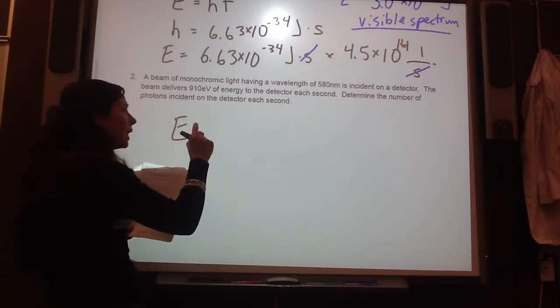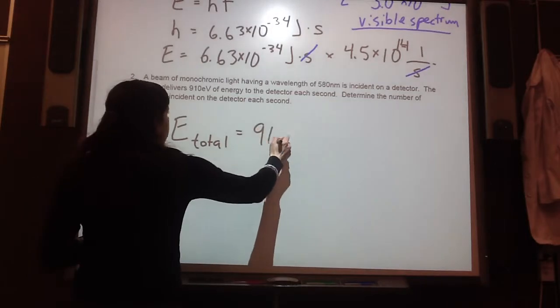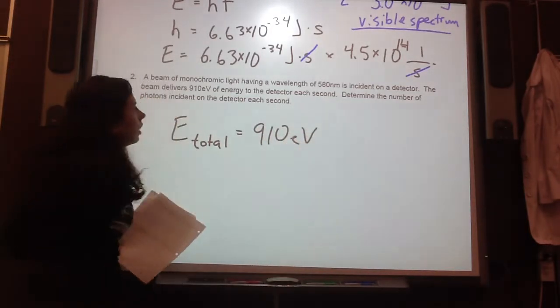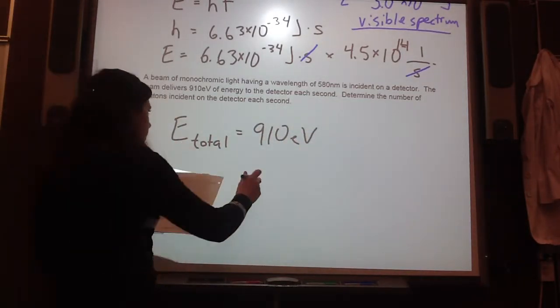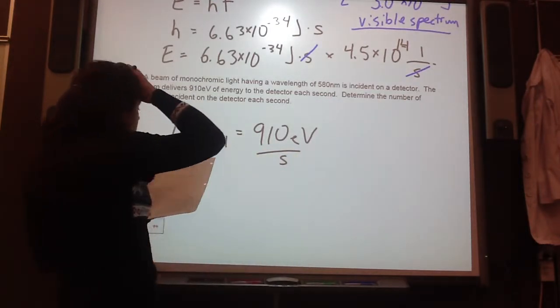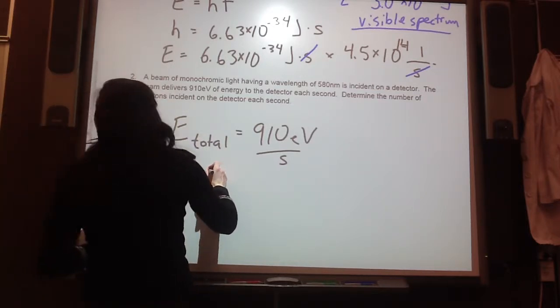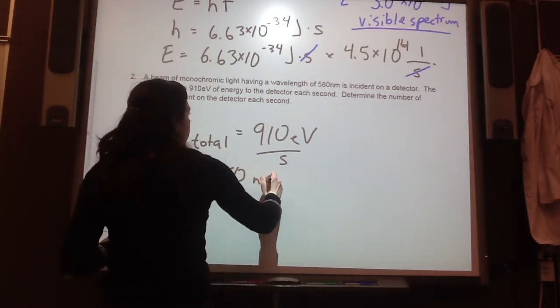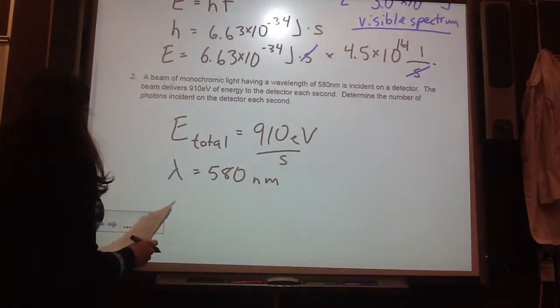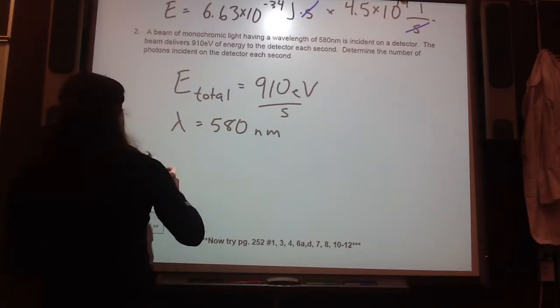So a whole beam, that's E total, is equal to 910 eV per second. Okay, so per second it gives us that. We know our wavelength is equal to 580 nanometers. Determine the number of photons incident on the detector each second.